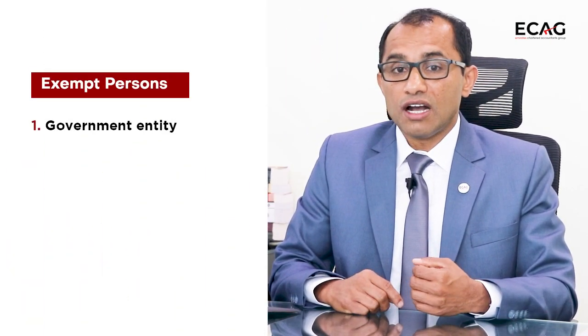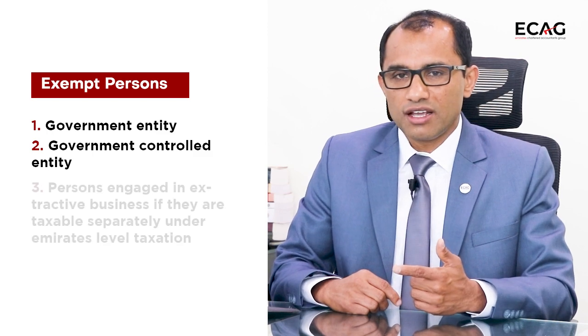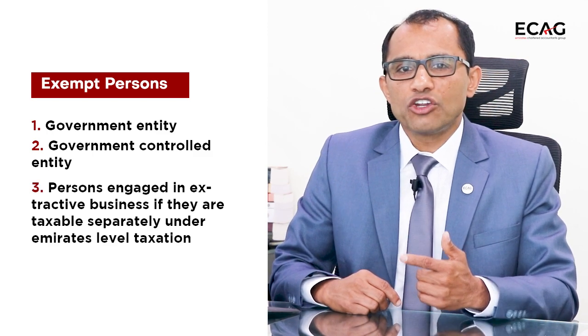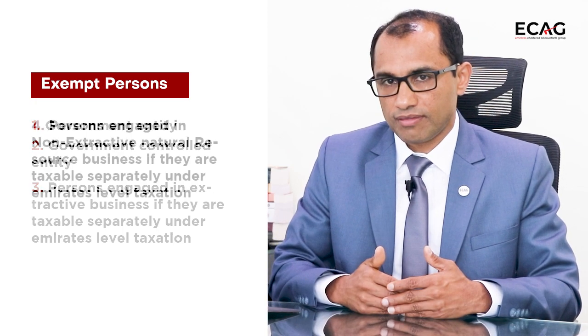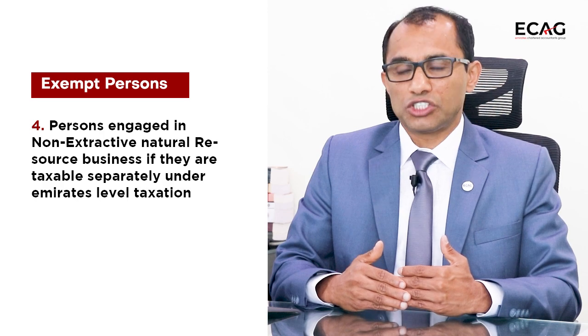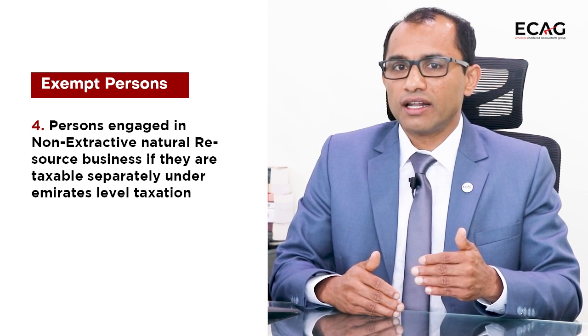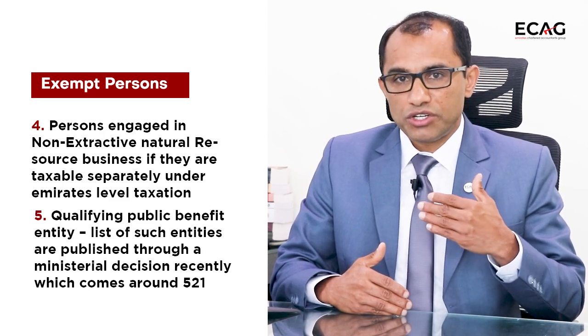As I initially mentioned, there are certain persons in the UAE who are considered exempt persons from corporate tax. They are: number one, government entity; number two, government controlled entity; number three, persons engaged in extractive business if they are taxable separately under Emirates level taxation; number four, persons engaged in non-extractive natural resource business if they are taxable separately under Emirates level taxation; number five, qualifying public benefit entity.